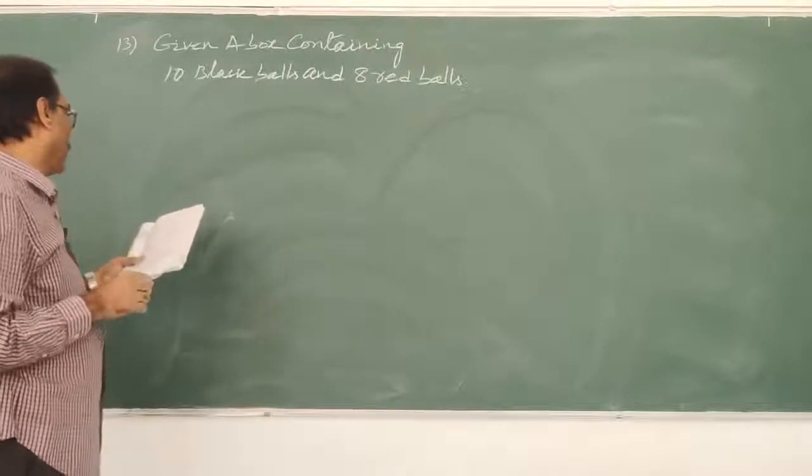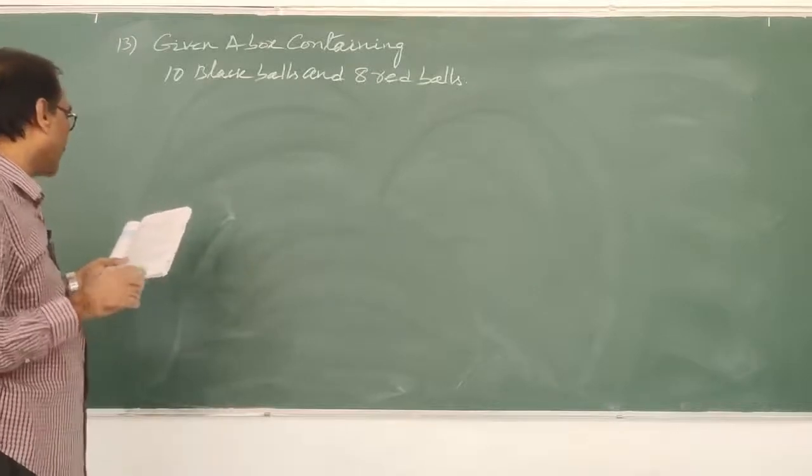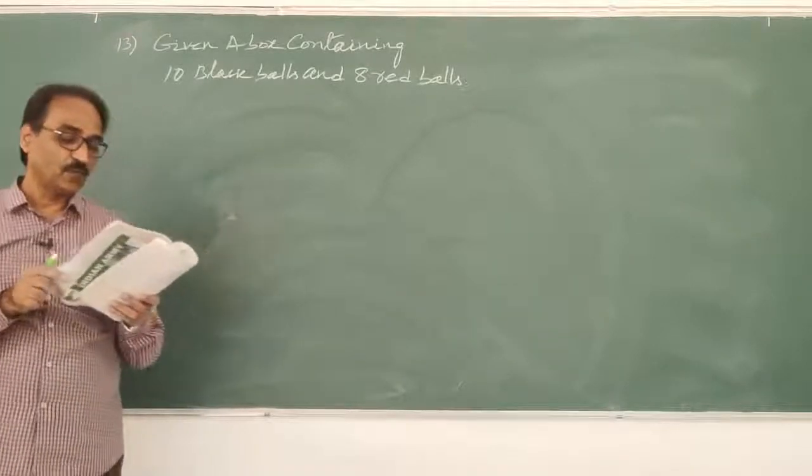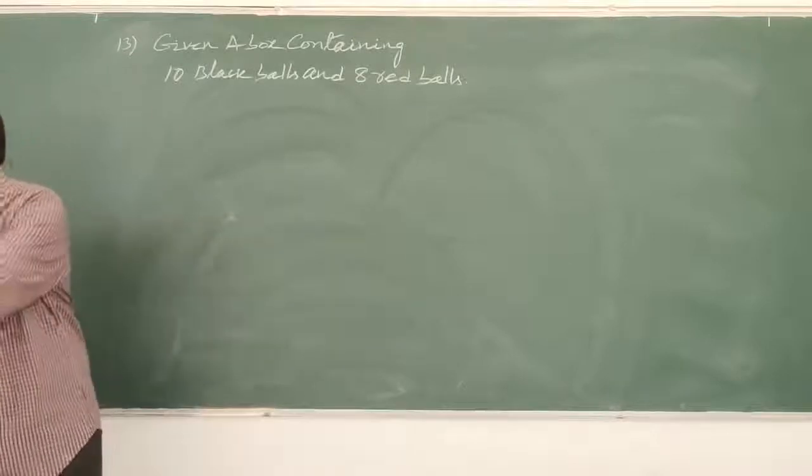Okay. Now, find the probability that both balls are red. There are 3 bits. Both balls are red. Okay.